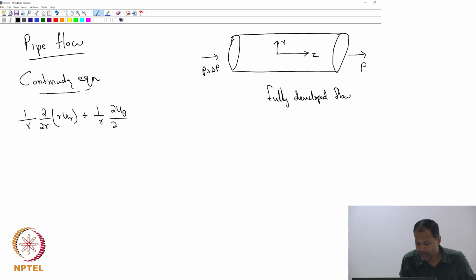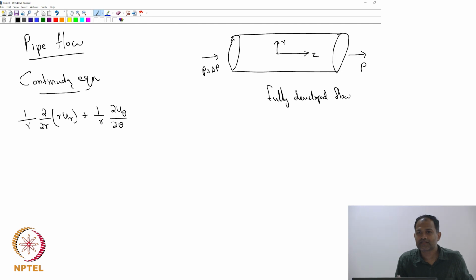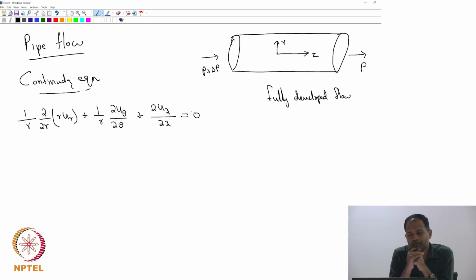I am going to write it down in cylindrical coordinate system. This one what you see on the screen. So that's the continuity equation. So you have ur, u theta, u z. These are the three components of velocity as we described yesterday.